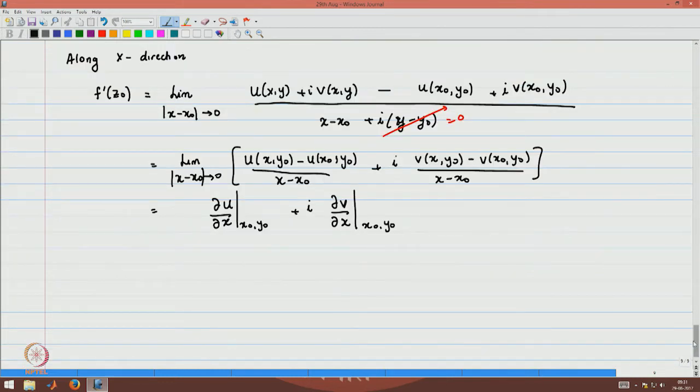And we will use the short notation, you will write it as u x plus I v x, where u x is equal to partial u by partial x evaluated at x 0 y 0.